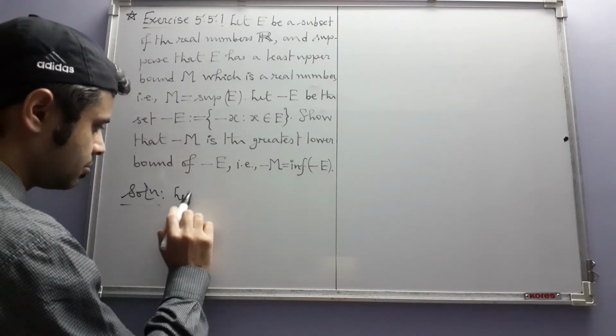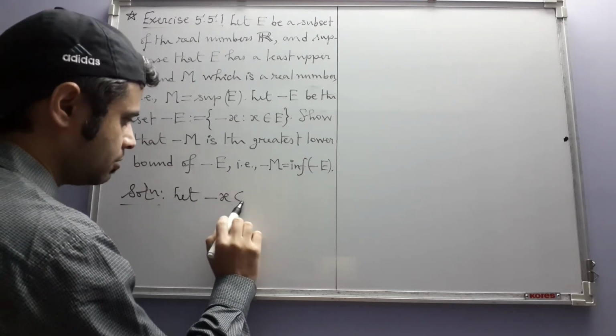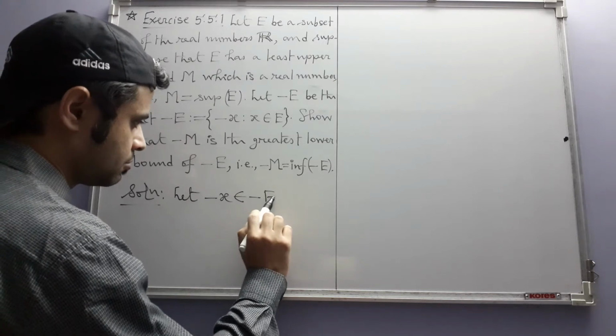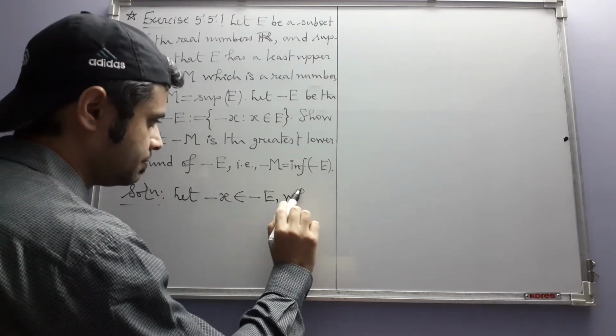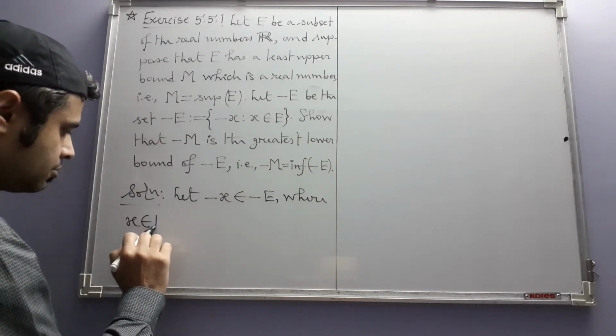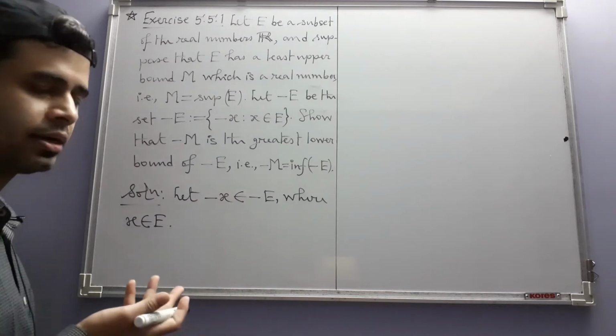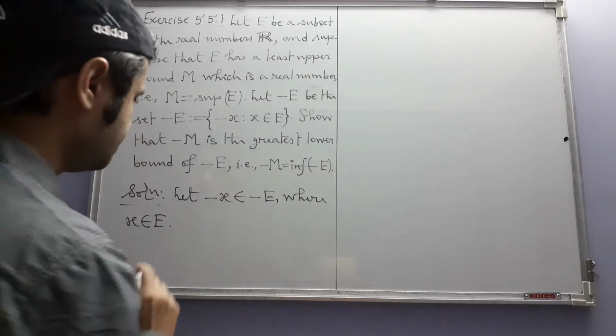Let minus x belong to minus E, where x belongs to E. This is how a general element in minus E looks like.